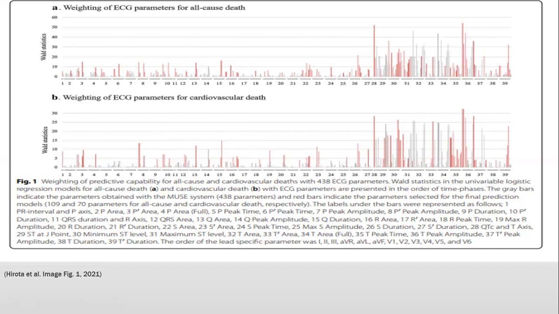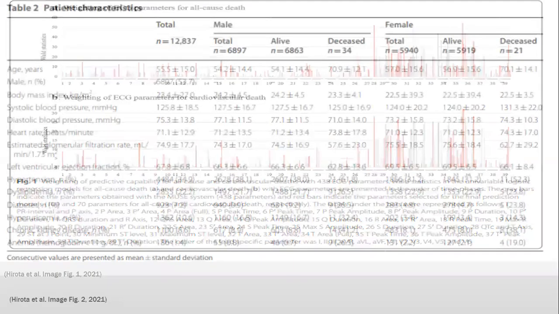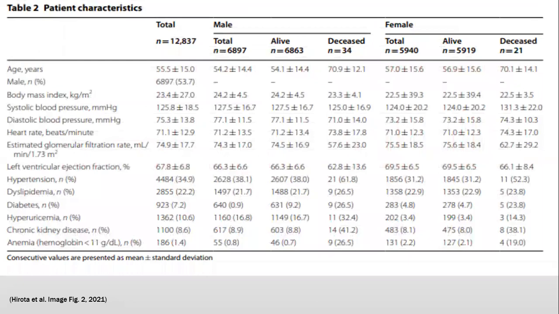The gray numbers were the initial data that they had, and the red are the final numbers that they used once they had all their data sorted out, so to speak. So here we have their total results of everybody for the total of 12,837 people, and the breakdown by age and sex and different indications.